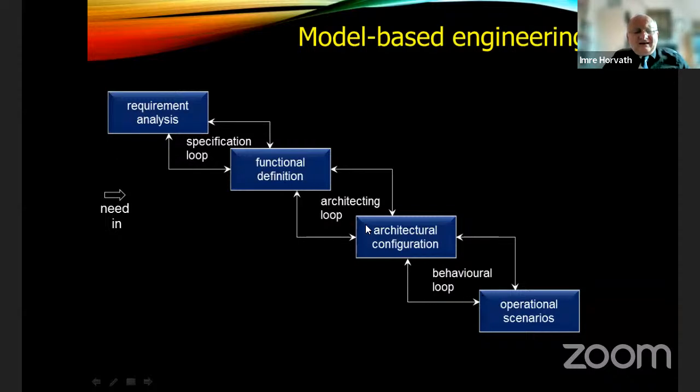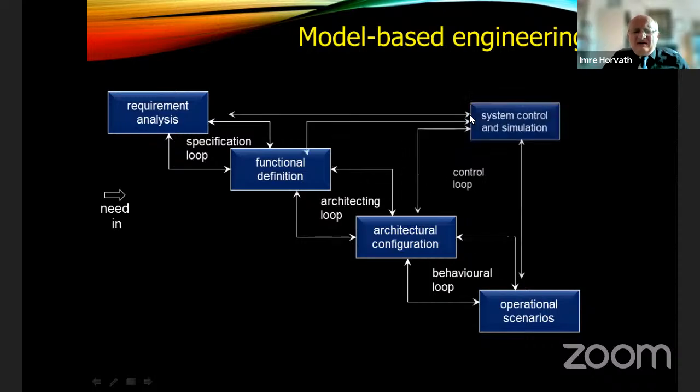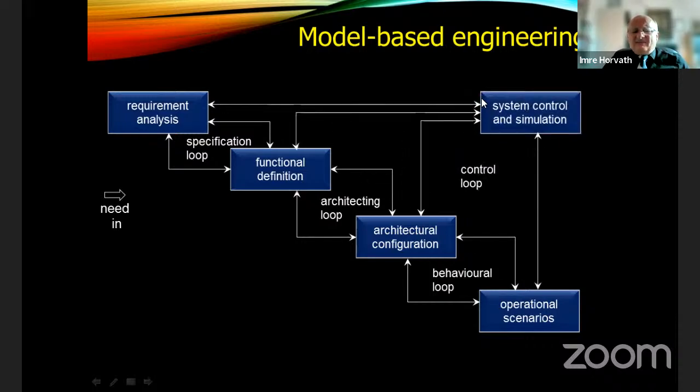Seemingly, it looks like a waterfall model, but it would be nonsense to execute it in a linear way, because model-based engineering lends itself to self-enhancement. What it means more concretely is that, for instance, when the system control and simulation is done, you can connect to each previous stage.